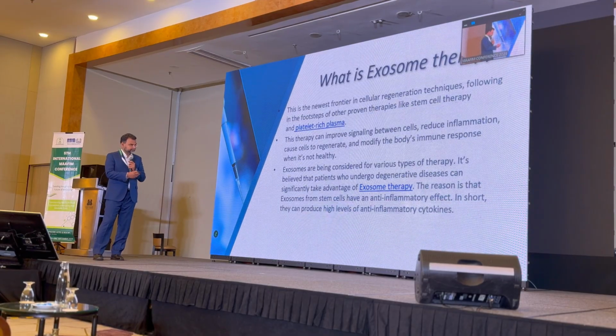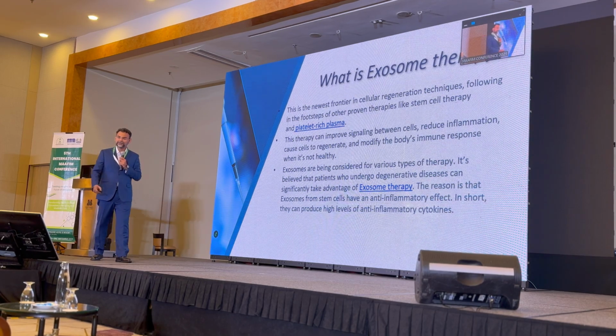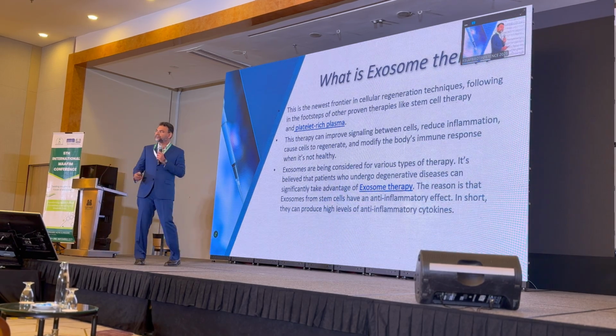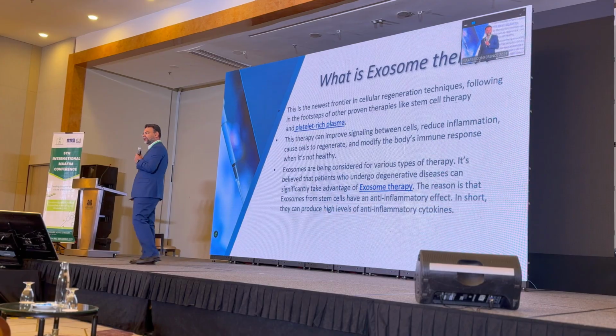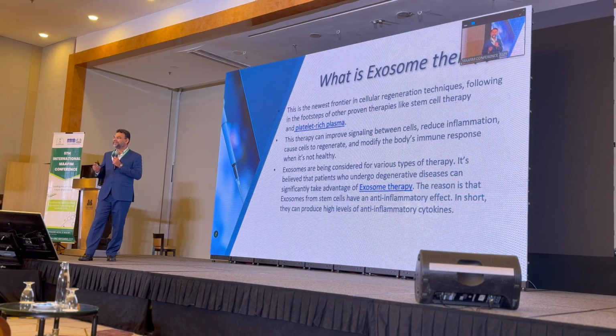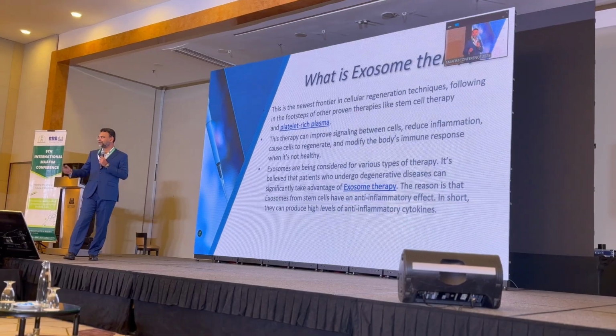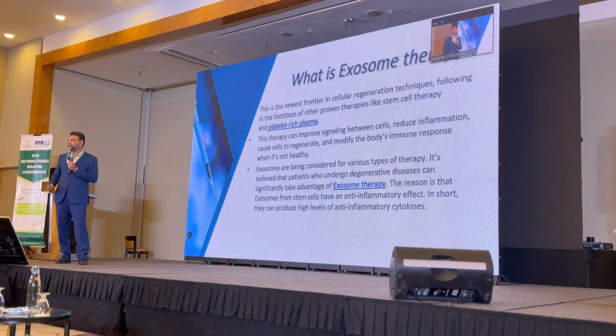In exosome, when you put it under the microscope, you'll see a very smooth substance or a very smooth matrix. Exosome can only be seen in an electron microscope. You can't see it in a normal light microscope or a dark field microscope.